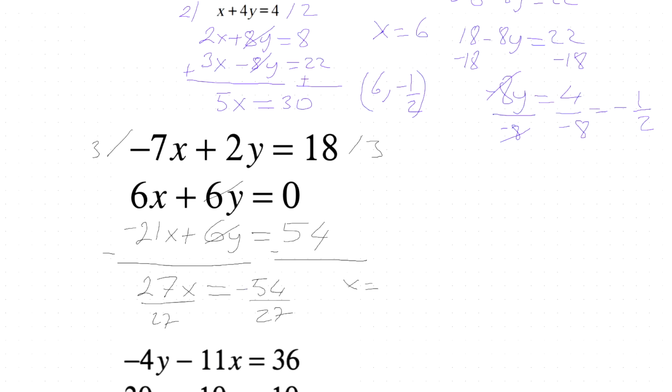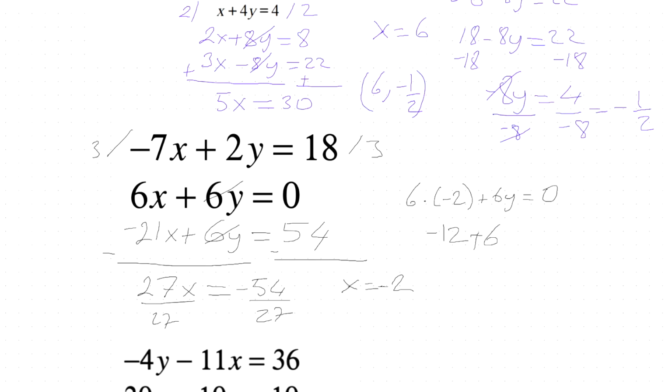If the value of x is -2, we can just go ahead and substitute into one of the equations. Let's use the second one this time. 6 times -2 plus 6y is equal to 0, which is -12 plus 6y is equal to 0.